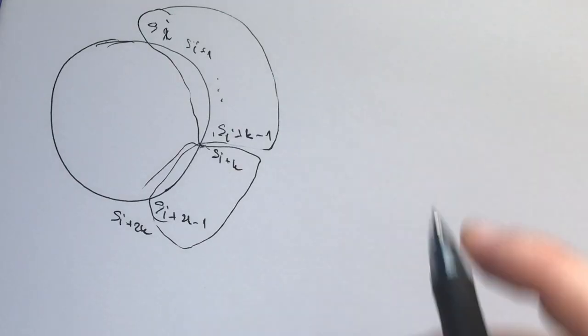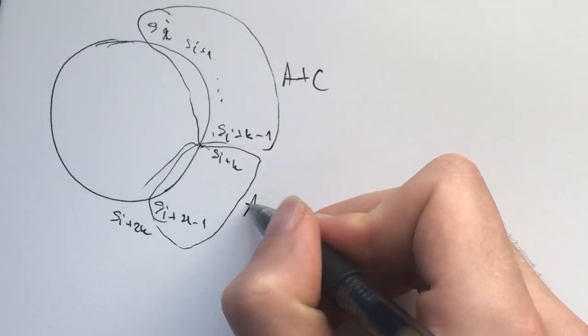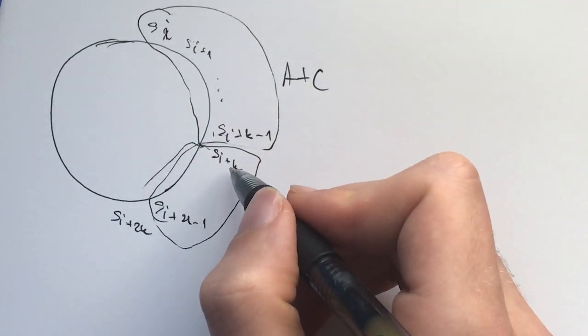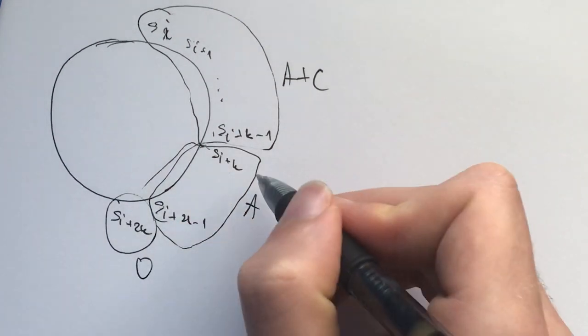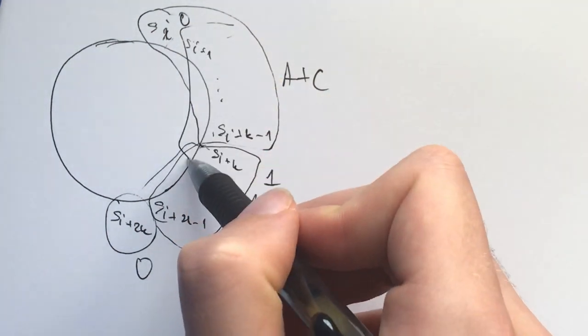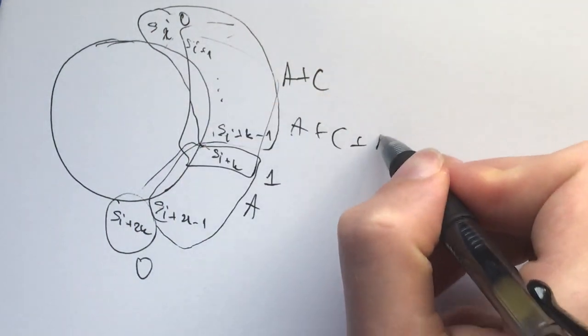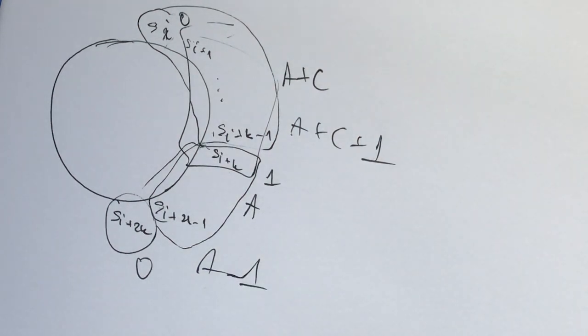And with this, I couldn't get any luck. If this is A plus C, and this is A, then I couldn't really get to a point where, if this is now, say, 0, if this is 1, and if this is 0, then the next sum after this one will be A plus C plus 1, and this one will be A minus 1. I'm not going to get anywhere closer with my solution.